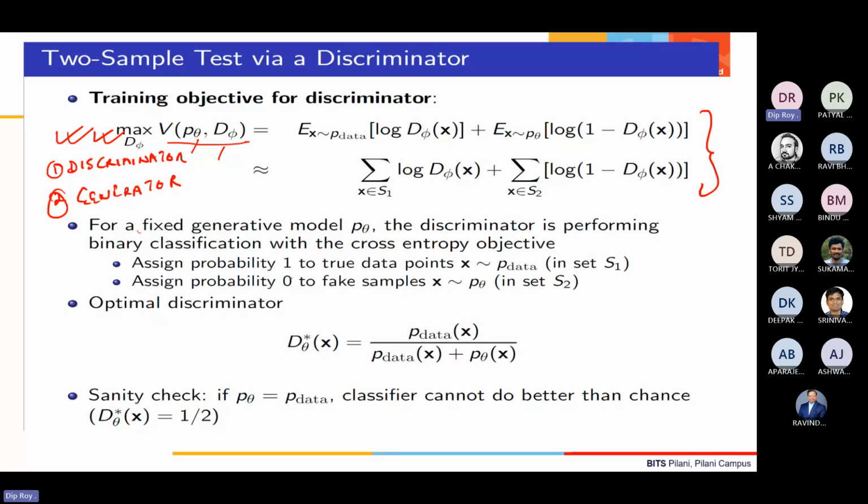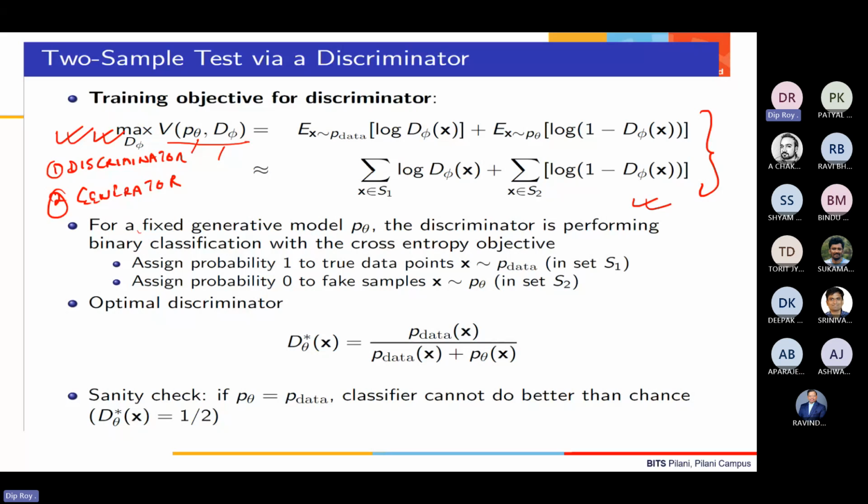Assign probability 0 to fake data points x coming from p theta. So this is my objective, which the discriminator is trying to maximize.